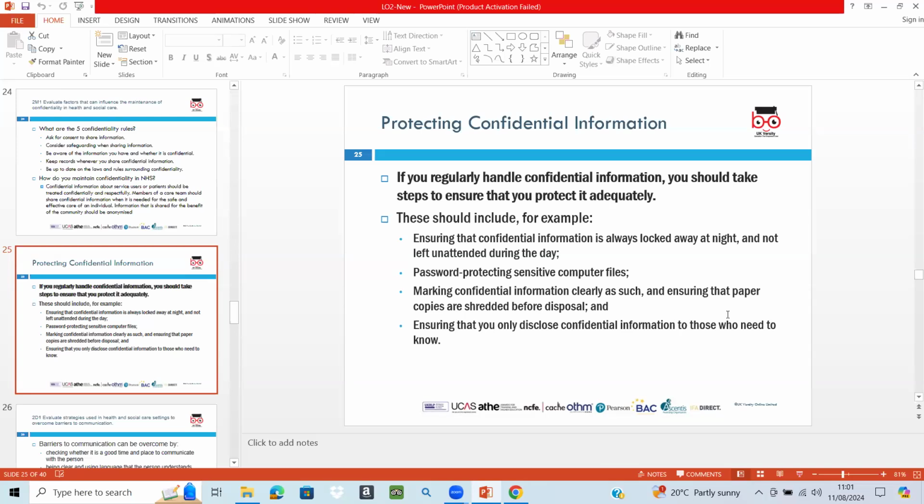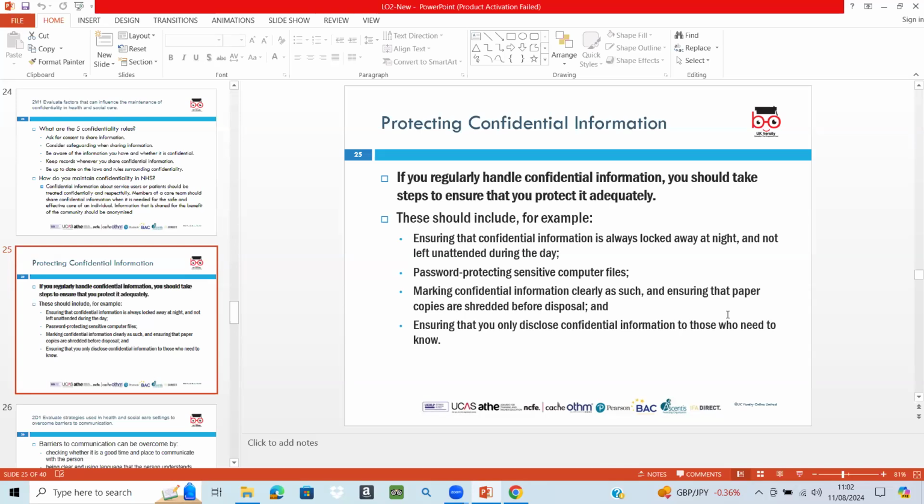Then we have password protecting sensitive computer files. Digital records should be protected with a strong password and encryption. For example, only authorized persons should have access to electronic health records, ensuring that service user data is secure from unauthorized access. Then we have marking confidential information clearly.